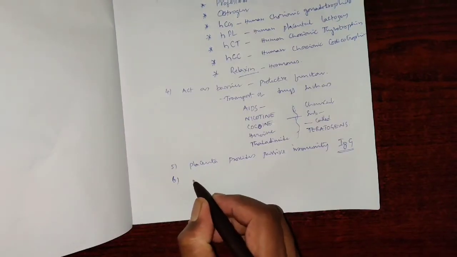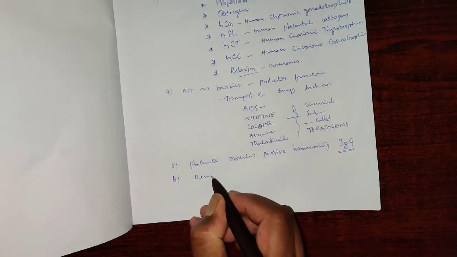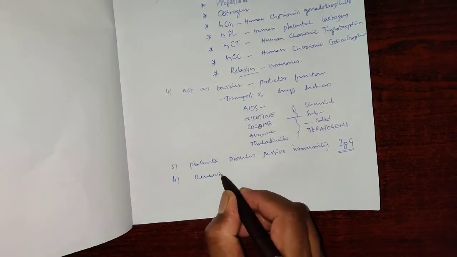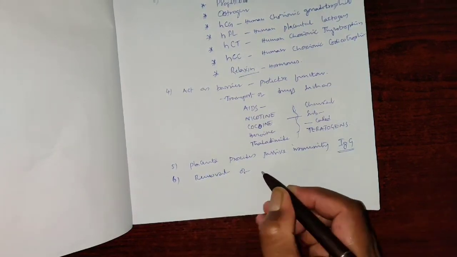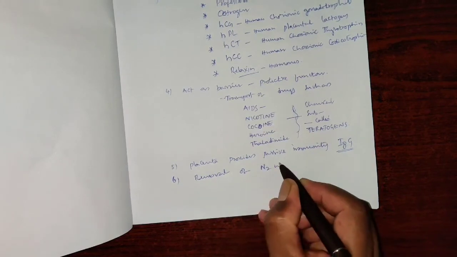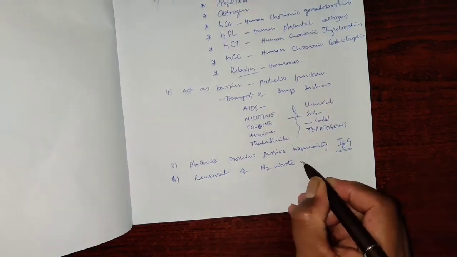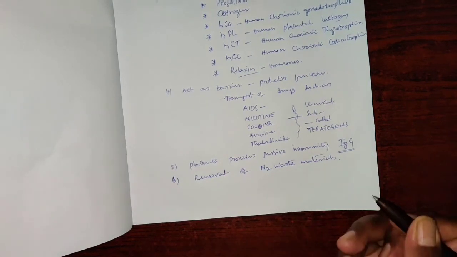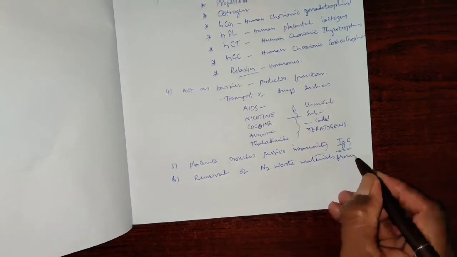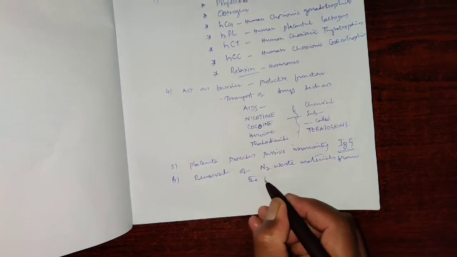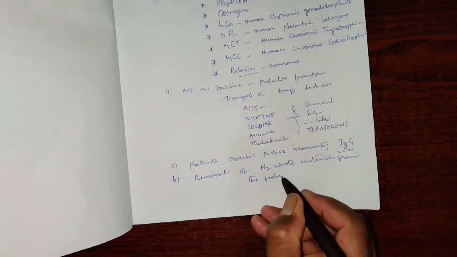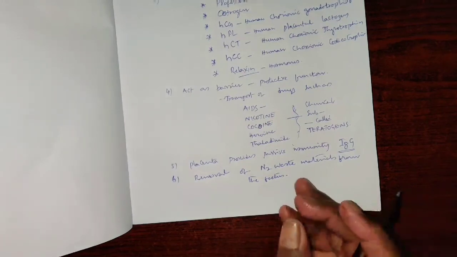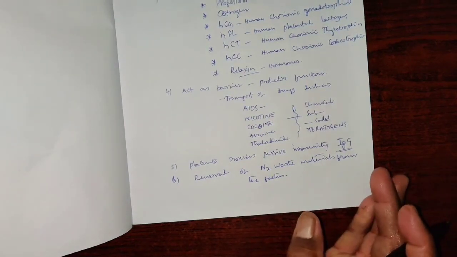And another important point is placenta helps in removal of nitrogenous waste materials from the fetus. So these are the functions of placenta.